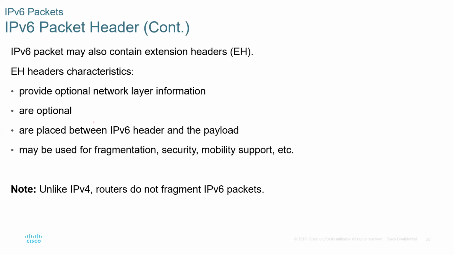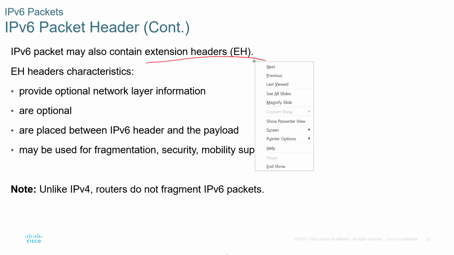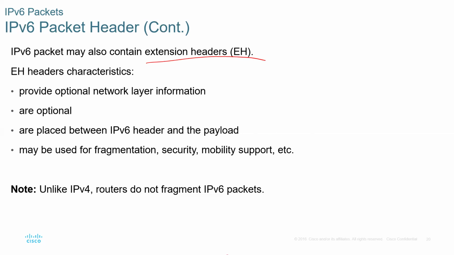Why do we have these extension headers? If, for example, you want more security for your packet, you have an option to add an extension. It might not be necessary. Therefore, it's an option. With IPv4, we don't have those extension headers.